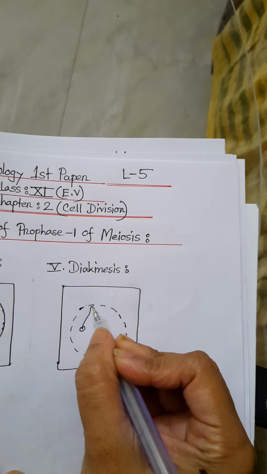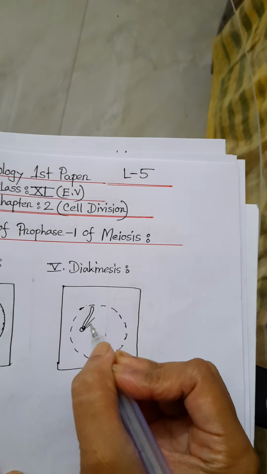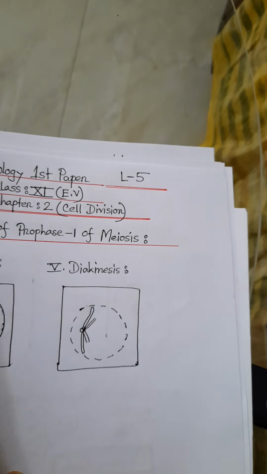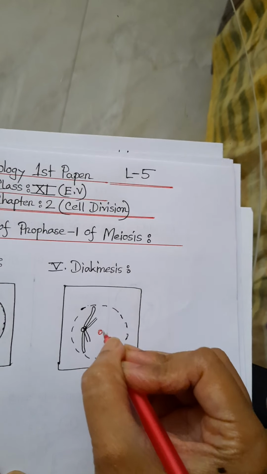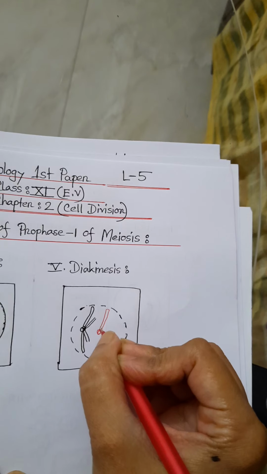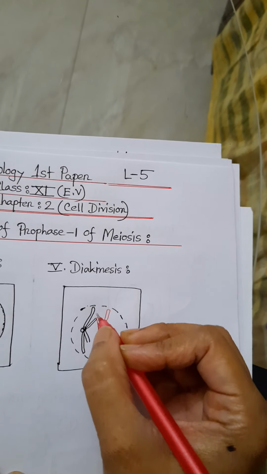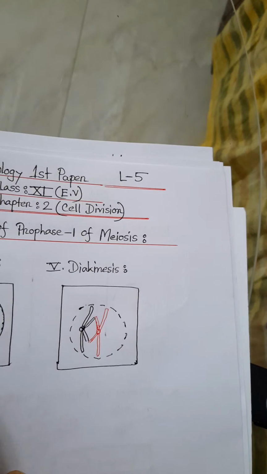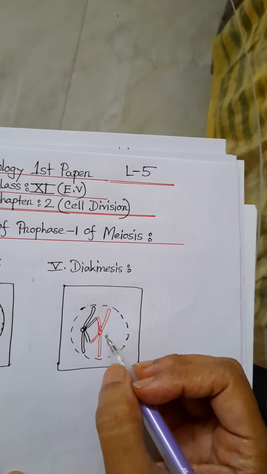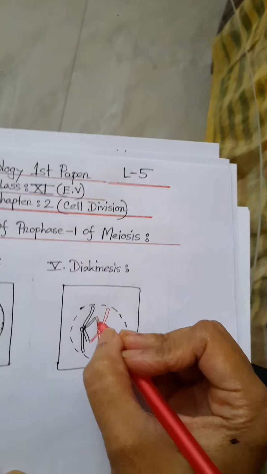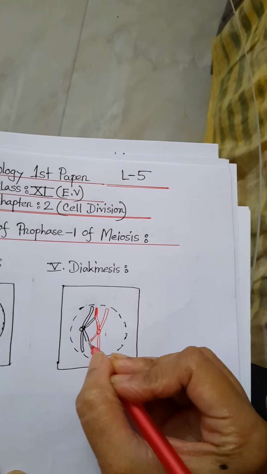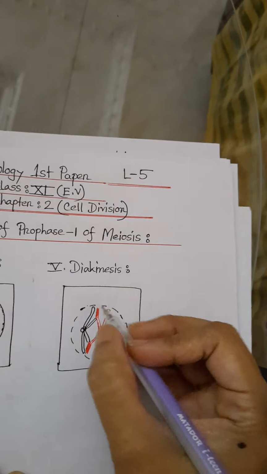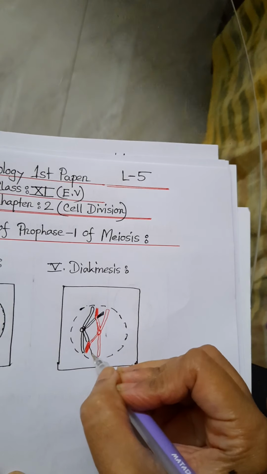Here is the chromatid, here the centromere and chromatid, and here the chromatid, and this is the black portion and this is the black portion.